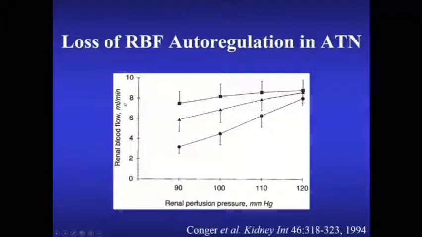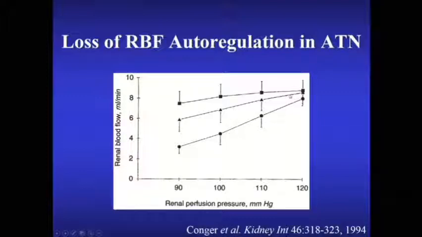This is blood flow on the y-axis, and there are flow probes put across the renal arteries in these rats, and then they can adjust the perfusion pressure. You can see over a broad range of pressures that the blood flow is maintained. And the only other organ, of course, that autoregulates like this is the brain. So the kidney and the brain have this capacity.